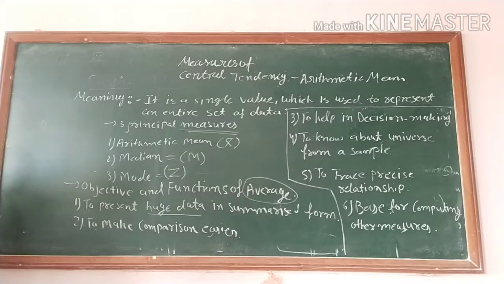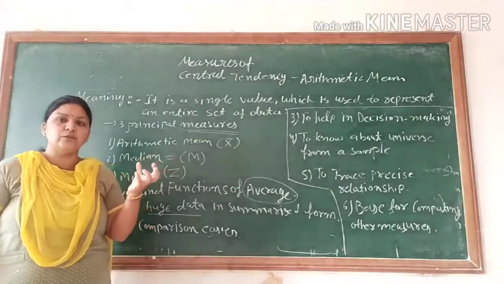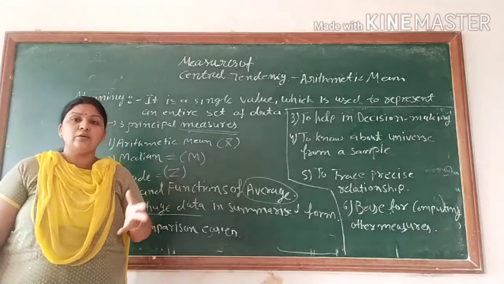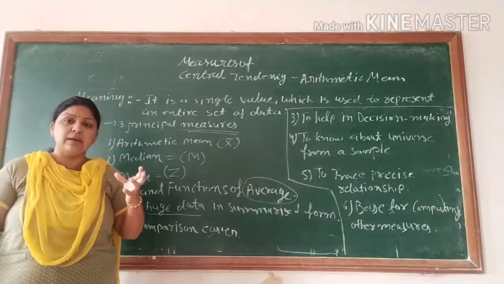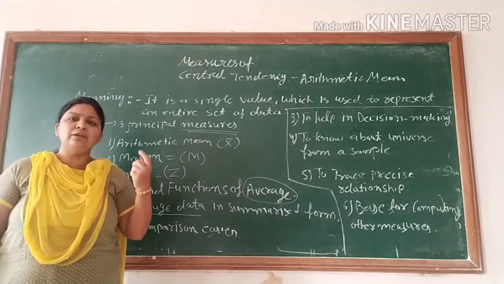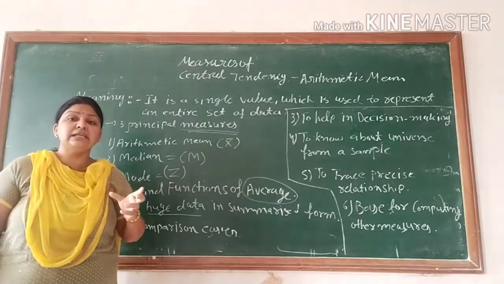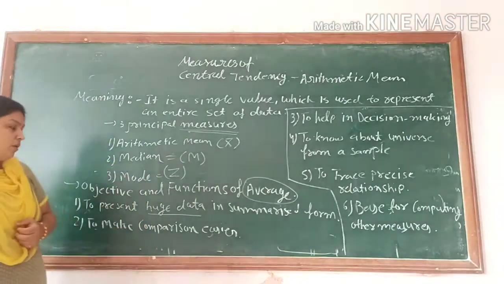Average summarizes data in a single figure, which makes it easier to understand and remember. If I give you the marks of 50 students, you would have to thoroughly recognize and learn these marks. So this is very difficult. But if I give you the data that the average marks of this class is 30, that is very easy to recognize or remember also.